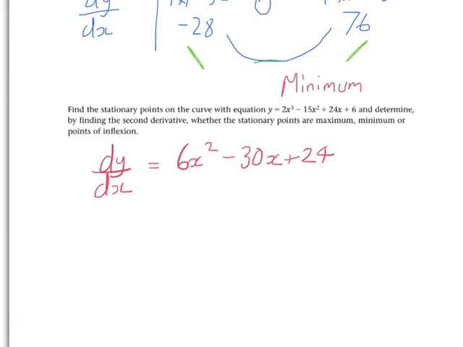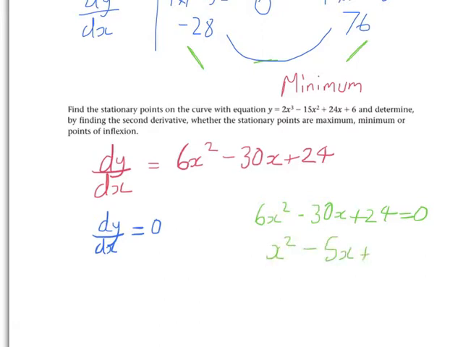And remember, to find out where the stationary points are, we need to set dy by dx equal to 0. So 6x squared minus 30x plus 24 is equal to 0. Now, the easiest thing to do at this stage is divide through by 6, so that it will be easier, one would hope, to factorise, which it is.